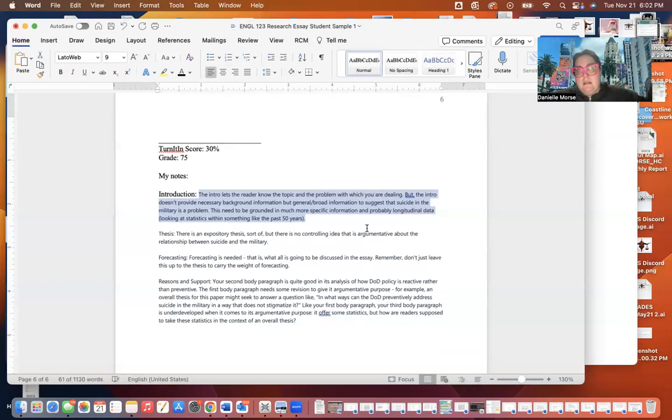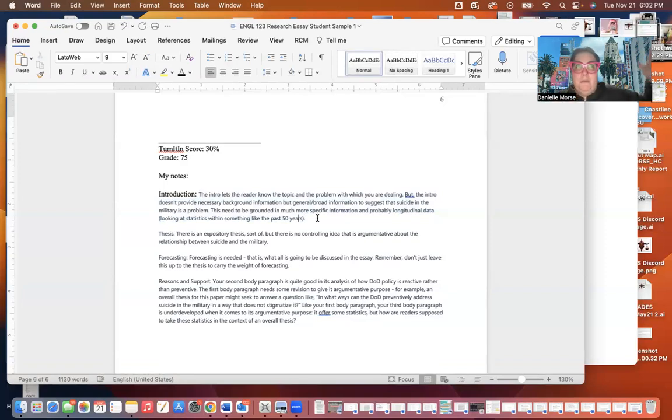Longitudinal. It's data or a research study that has been going on for a long period of time. It's not like we did this in 6 months. It's like we spent 10 years or 20 years. An example, I say look at statistics within something like the past 50 years. That's longitudinal data.